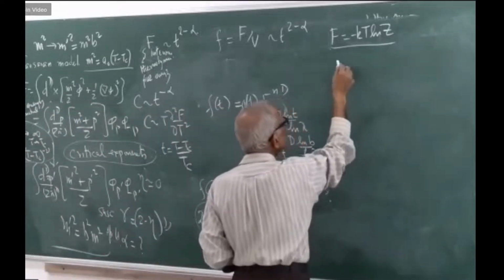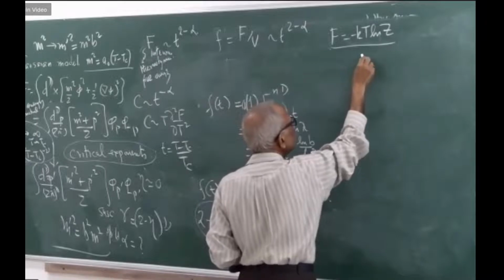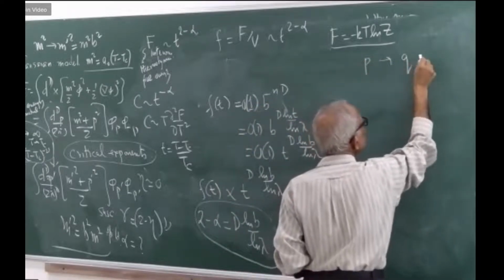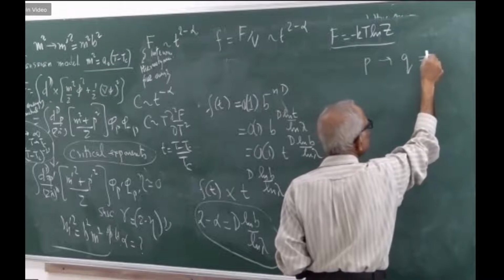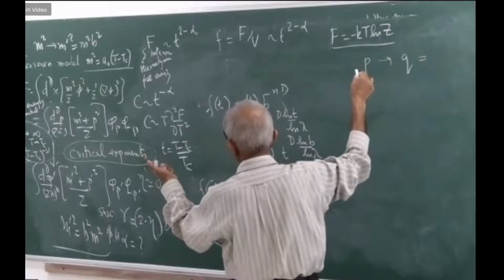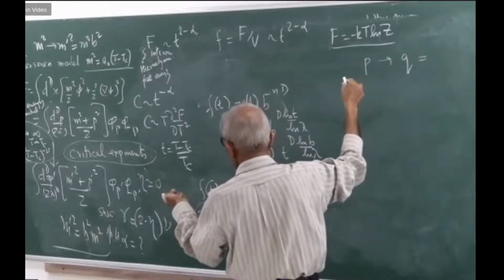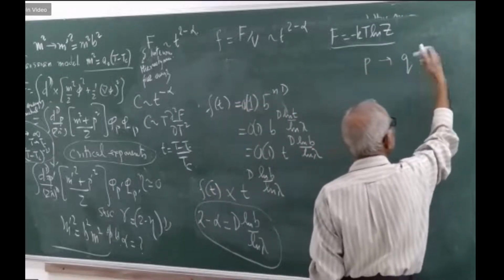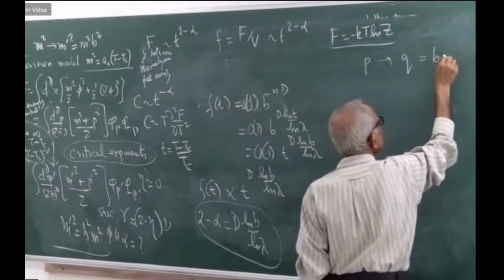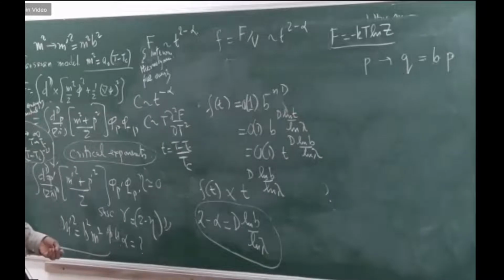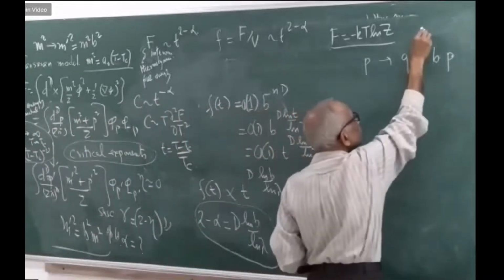So the momentum scaling went from p to q, which is b times p. Remember, b is greater than 1.